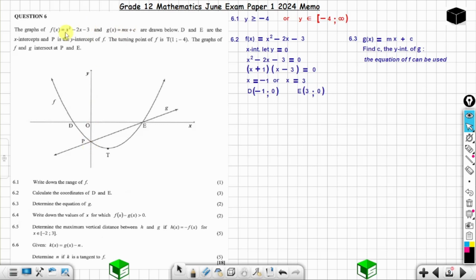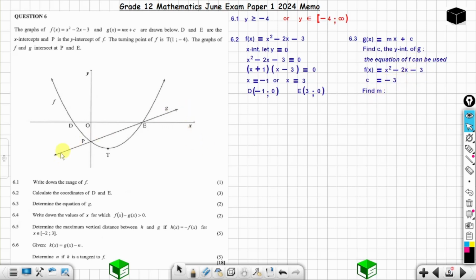So f and g have the same y-intercept. The equation of f can be used. f of x is equal to this. So from this, c is equal to -3. So find m.